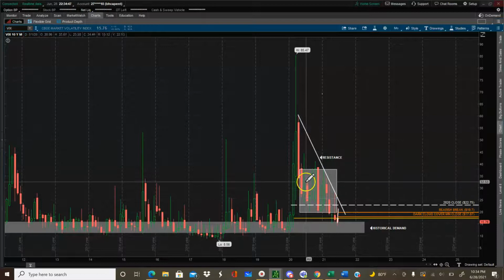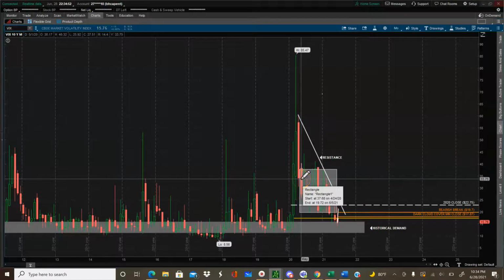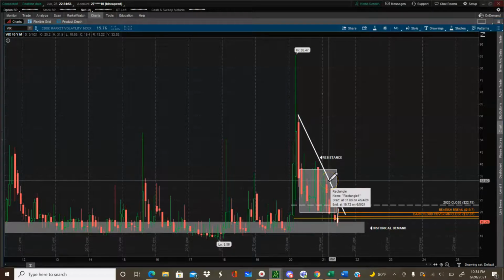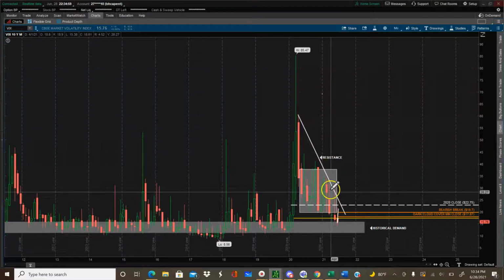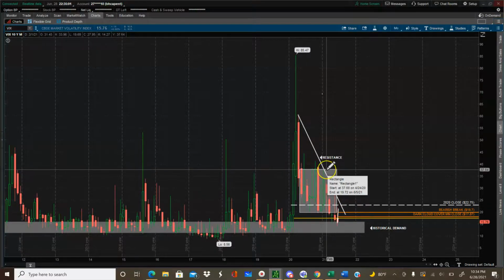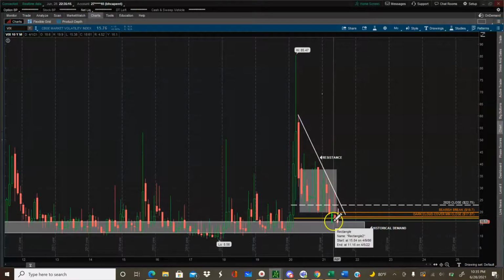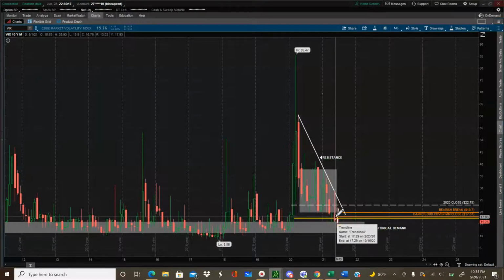If you notice, most of VIX's price action from May of last year until March of this year has been contained mostly between that $37 and about $19.50 range. So April VIX opened below that range and failed to really make it above it.